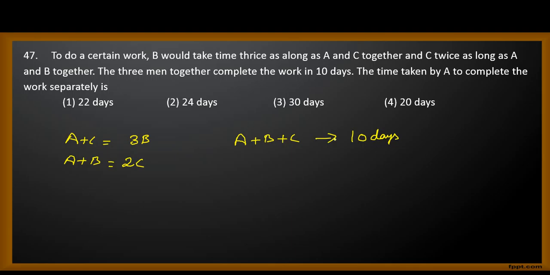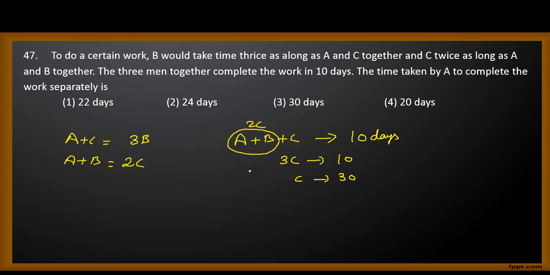A, B and C together can do the work in 10 days, whereas A and B are twice as efficient as C. It means this is 2C, efficiency of 2C. It means 3C can do the work in 10 days. So C can do the work in 30 days. See here, if you take 3 times the efficiency of C, it will take 10 days. But once C works alone, he will take 30 days.